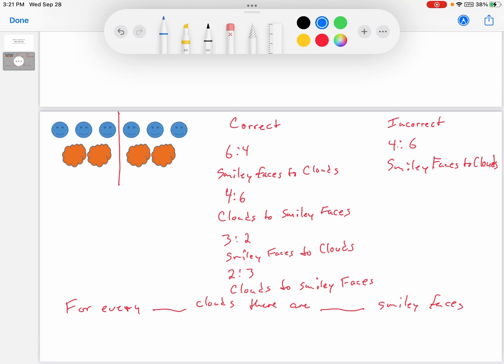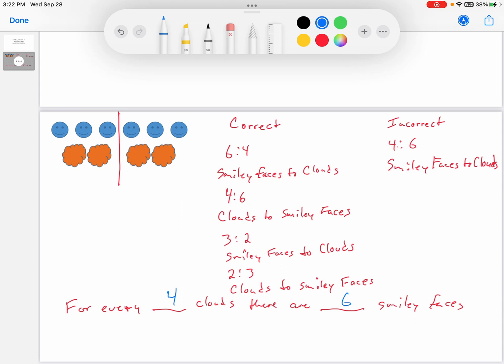I could say for every 2 clouds, there are 3 smiley faces. And that works because in each group there are 2 clouds and 3 smiley faces. So every time you have 2 clouds, you have 3 smiley faces also. Another way to answer that is to say that for every 4 clouds, there are 6 smiley faces.